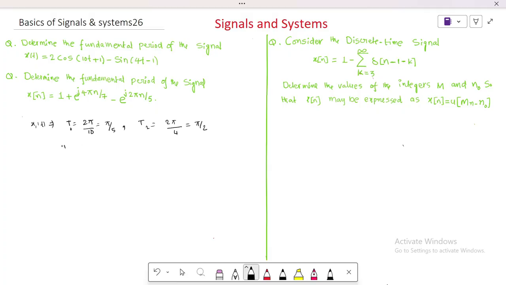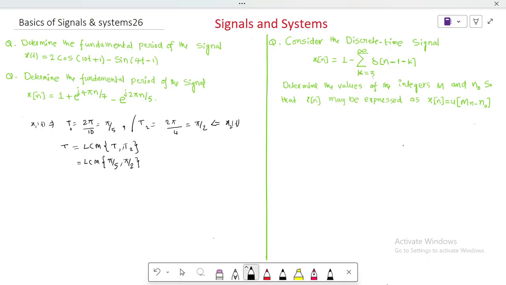So for the fundamental period of x of t, this is about x2 of t, is it? So T equals LCM of T1 and T2. So that equals LCM of pi by 5 and pi by 2.